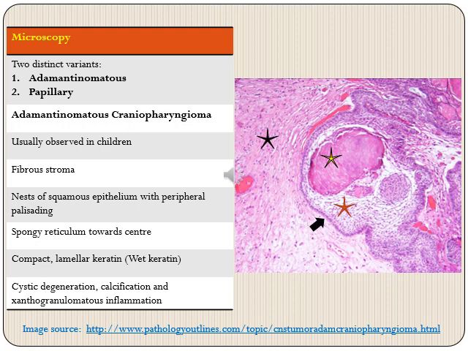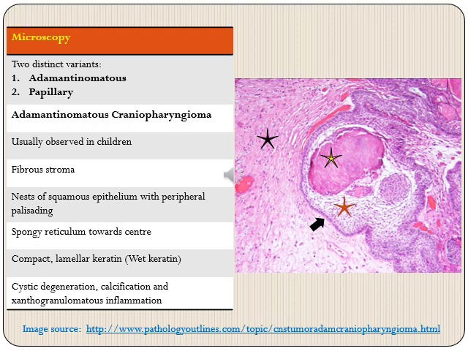These squamous cells have peripheral palisading, that is, the cells are arranged perpendicularly to the basement membrane, and their nuclei are also arranged perpendicularly to the basement membrane, which is depicted here by this black colored arrow.